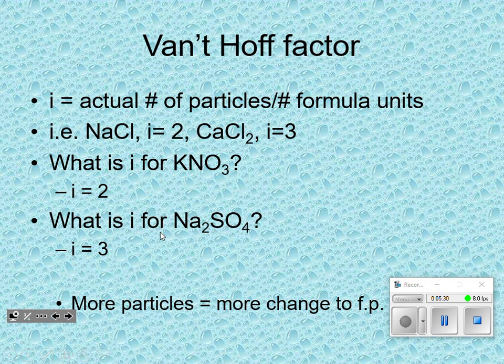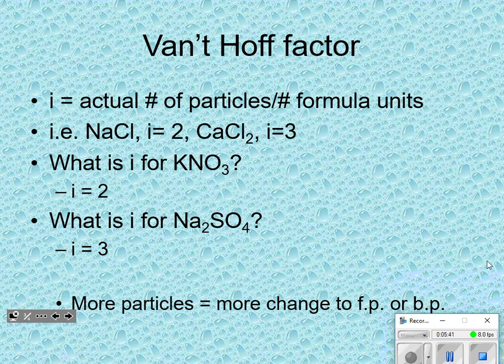And again, the key I have on the bottom here is the more particles that you dissolve in water, the greater the change to the freezing point or the boiling point. That's kind of the key here. There's 2 ways that we can identify that. Either based upon the molarity or molality, so what big number is the number for the concentration?